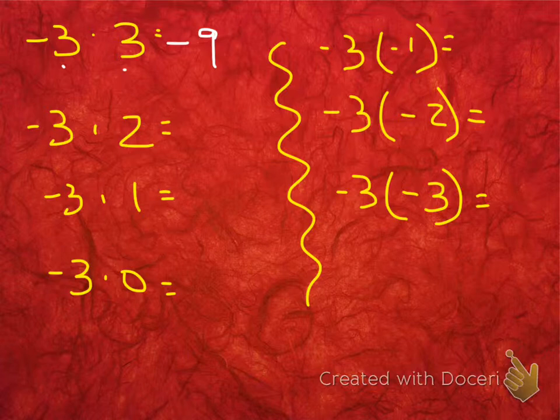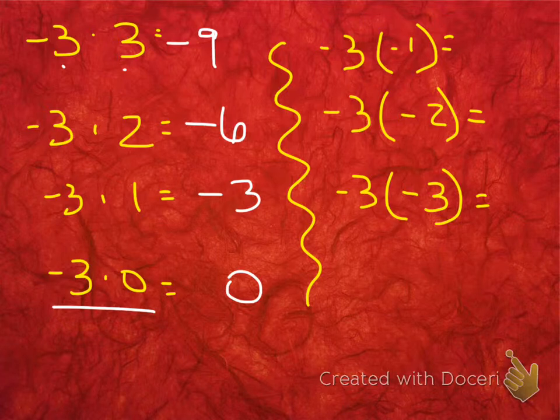And I take a negative and multiply it by a positive again, and I'm going to get a negative. So 3 times 2 is 6. I have a negative times a positive, which is going to be a negative. And -3 and 1 is 3. Anything times 0 is 0.